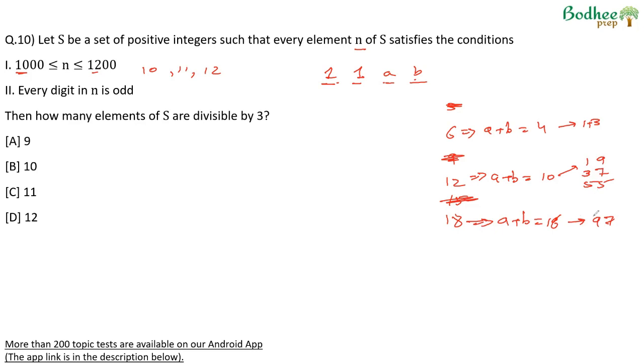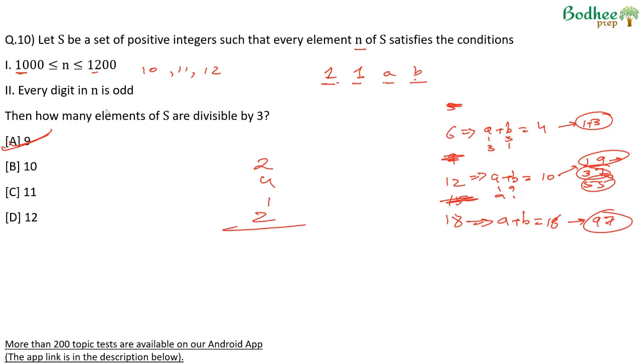Now, here we will have two cases, A1, B3 or A3, B1. For this, we will have two cases: 1, 9, 9, 1, 3, 7, 7, 3, and 5, 5 will have only one case. So, two cases for the first one, 2 here, so 4, plus one case here, A and B both being 5, plus two cases here. So, a total of 9 cases are possible for element n in S.